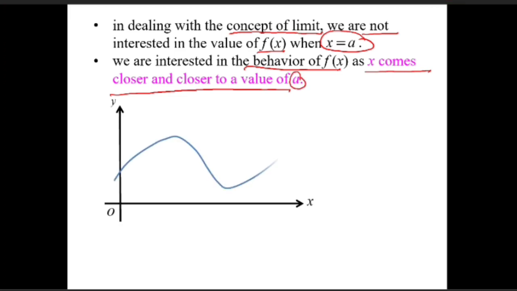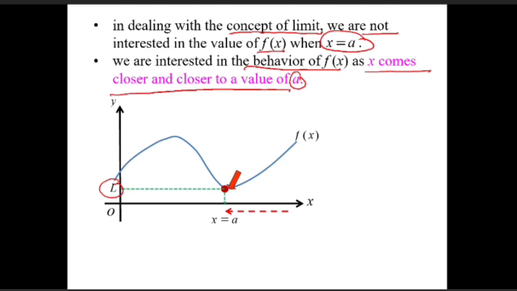For example, we have a function f(x) and a point x equal to a is labeled on the graph. Let's say this red dot is the point x equal to a. We are only interested in the behavior of f(x) as x comes closer and closer to that a.